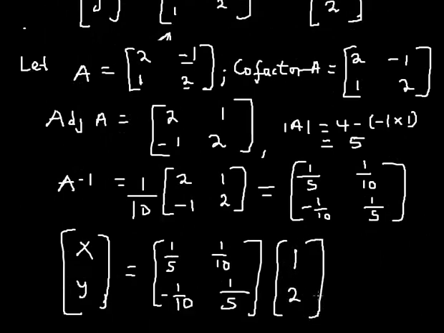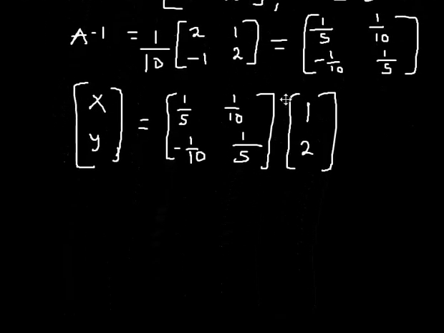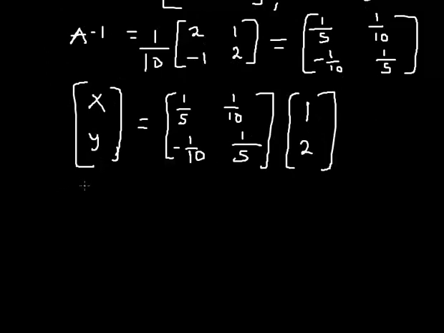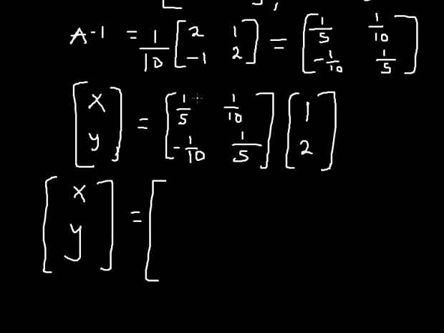So let's do this multiplication. So x comma y, of course you know how we multiply matrices: row against column.